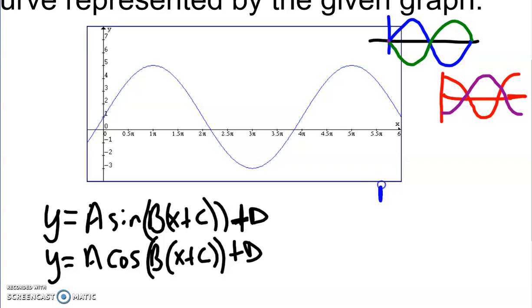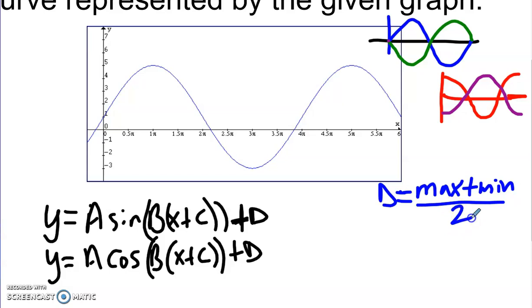So the first parameter I recommend you start with is your d value. And your d value is basically your vertical shift, and that is going to be your maximum value on your graph plus your minimum value divided by 2.